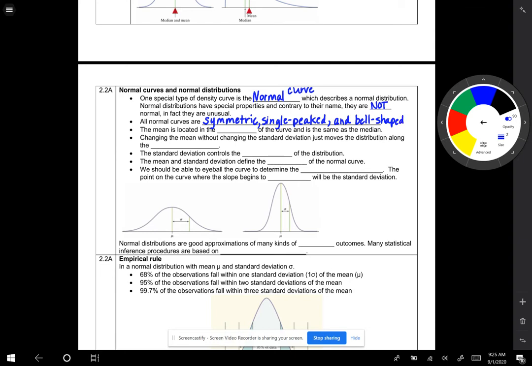Any specific normal curve is completely described by giving its mean mu and the standard deviation sigma. I think I got a little ahead of myself. So the mean is located in the center of the curve and is the same as the median. Changing the mean without changing the standard deviation just moves the distribution along the horizontal axis.